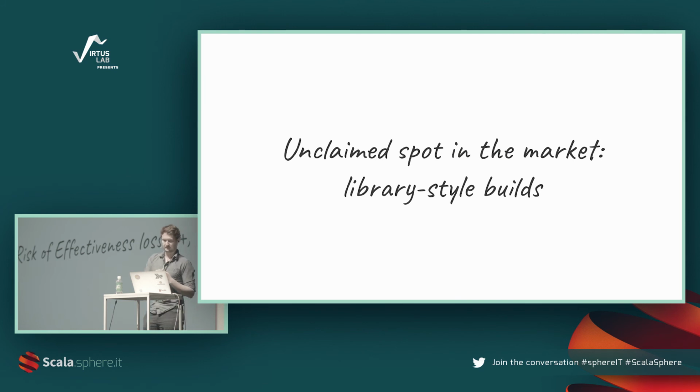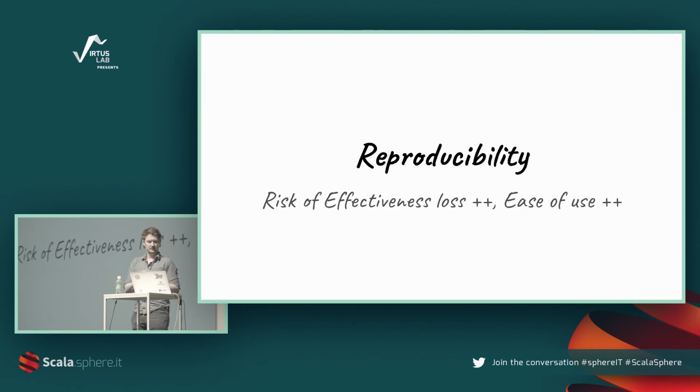That's an interesting one. So one thing that build tools pick up more and more is this concept of reproducibility. And I think this is mainly about reducing the risk of losing effectiveness, so reducing the risk that it doesn't do the job anymore.